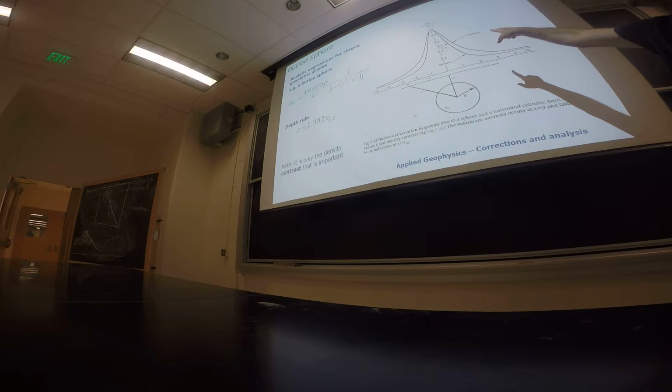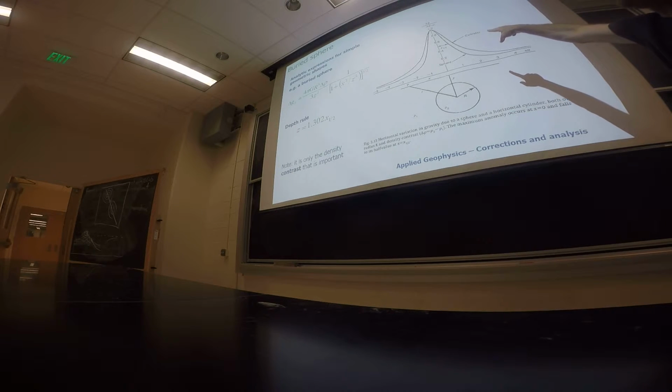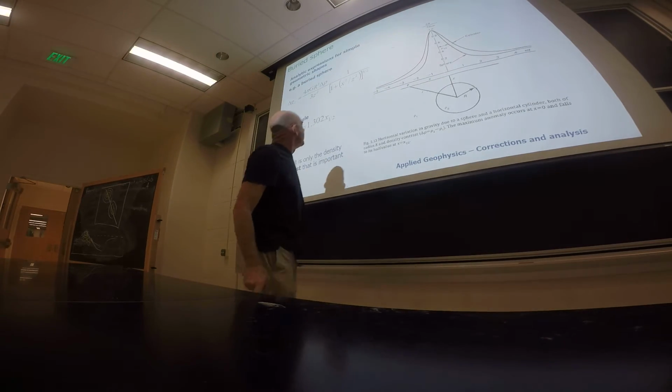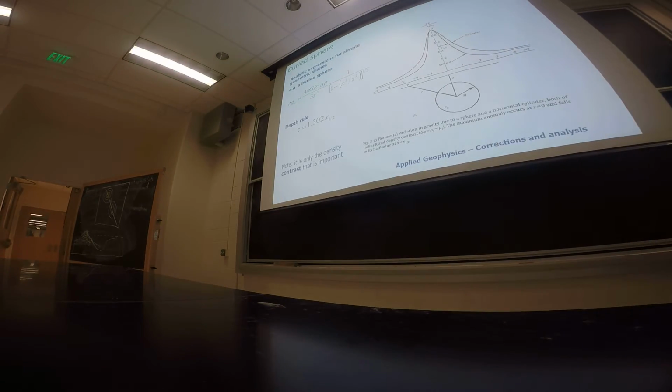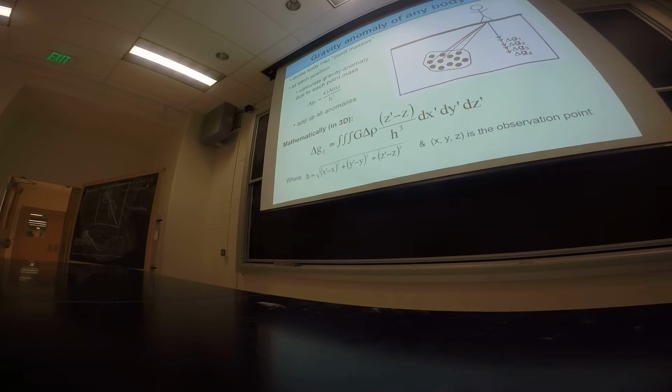All right, so this half width is where the value of the gravity goes down to half of the maximum, and then you can calculate z as 1.3 times the half width. Now let's go back to this.